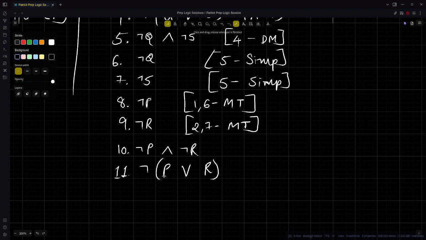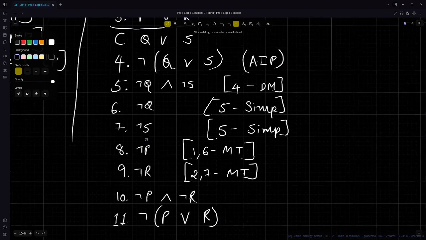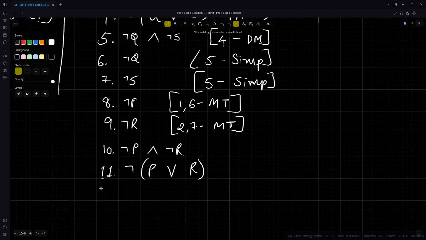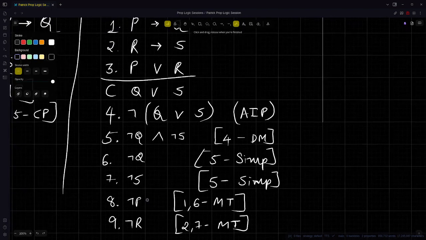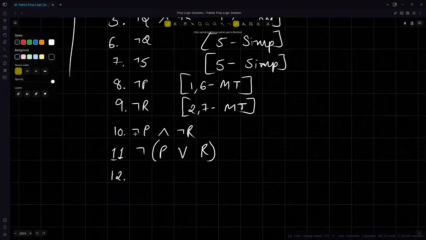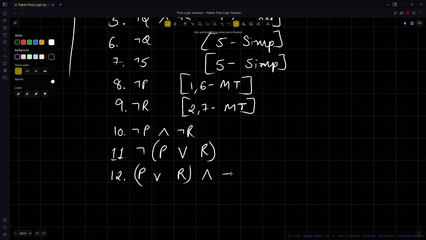Now look at this: not P or R, P or R. What can you do with those two? We can just do another conjunction with them. Conjunction, yeah. And voila, that's a contradiction.